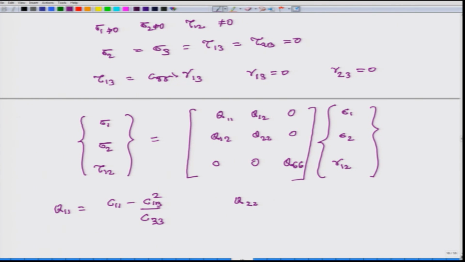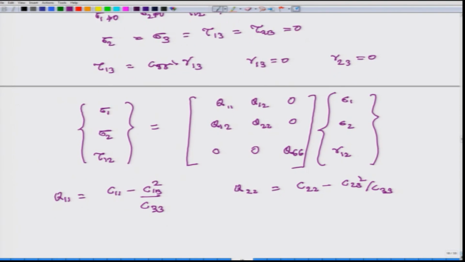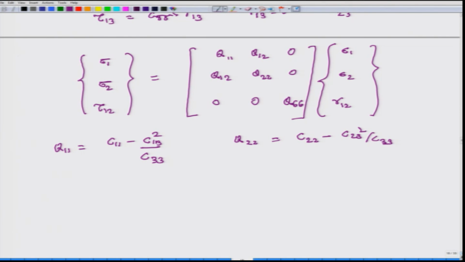Q 2 2 is equal to C 2 2 minus C 2 3 square by C 3 3, and then Q 1 2 is equal to C 1 2 minus C 1 3 C 2 3 by C 3 3, and Q 6 6 is equal to C 6 6.